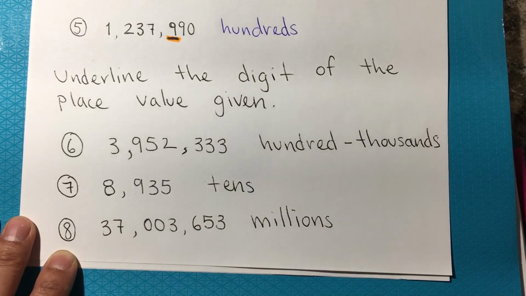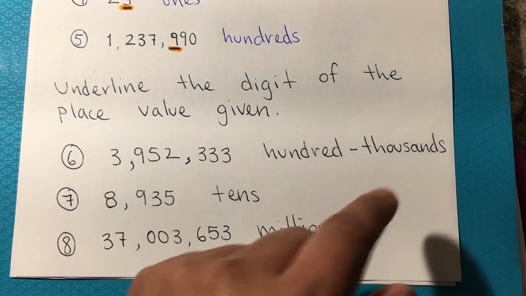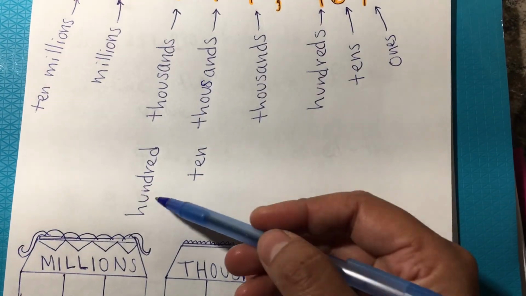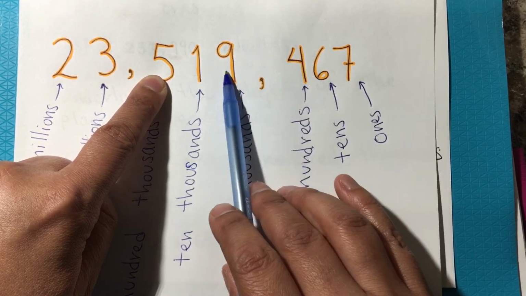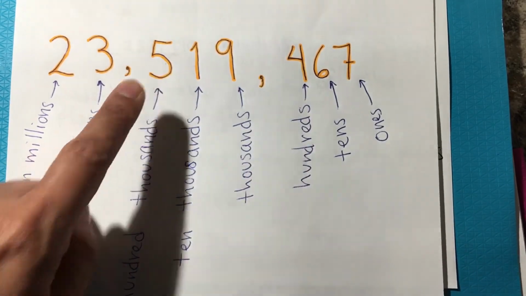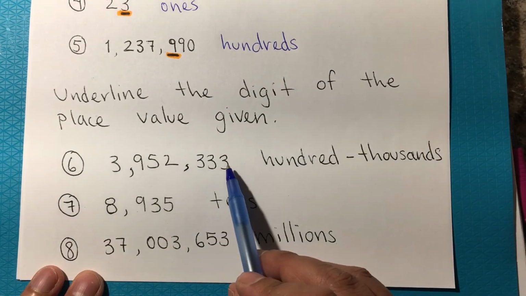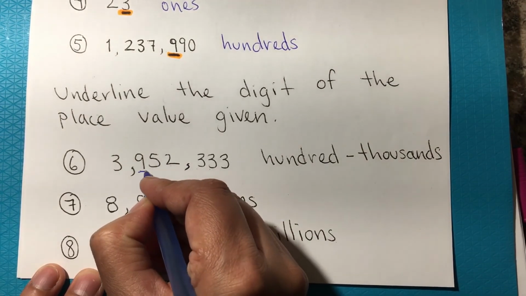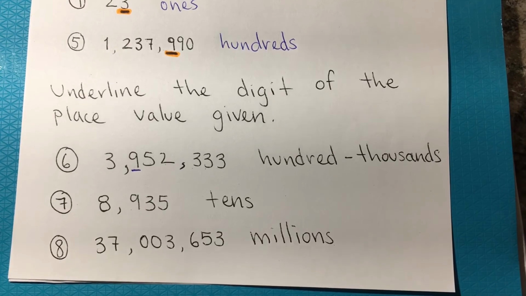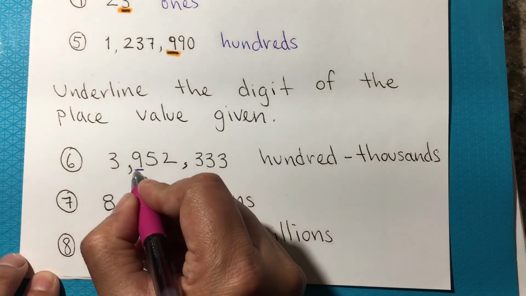Again, but if that's not easy, you can just say 100,000 is this one right here. How many do I have to count? 1, 2, 3, 4, 5, 6, and underline the sixth one. So 1, 2, 3, 4, 5, 6. It's number 9. 9 is in the 100,000 place value.